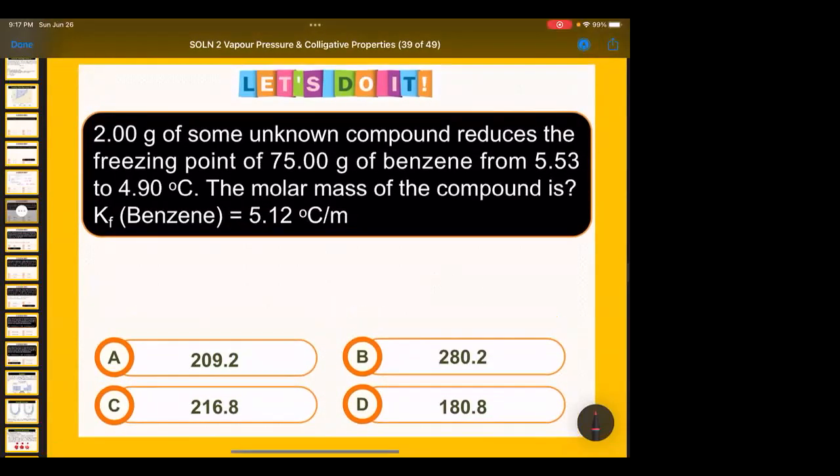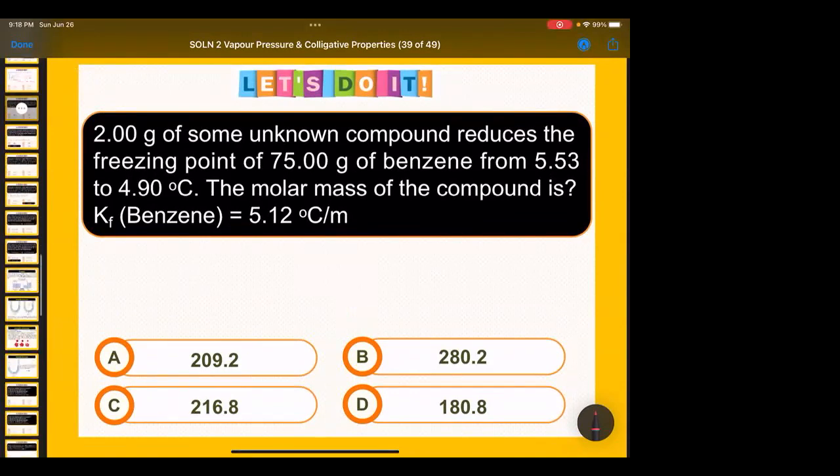Let's move to the next problem. This is the next problem. So tell me, how can we do this problem?